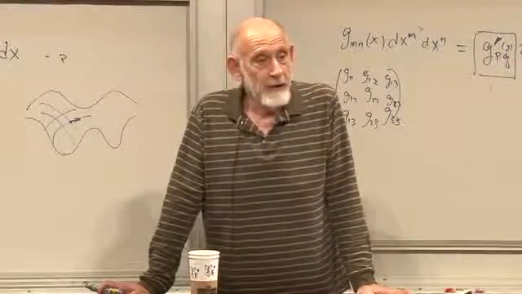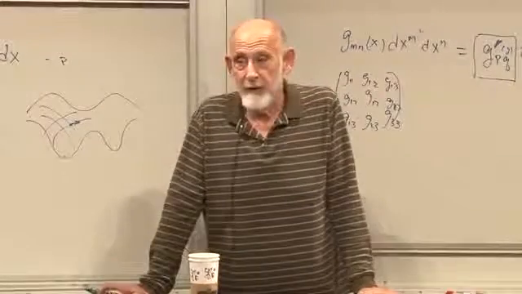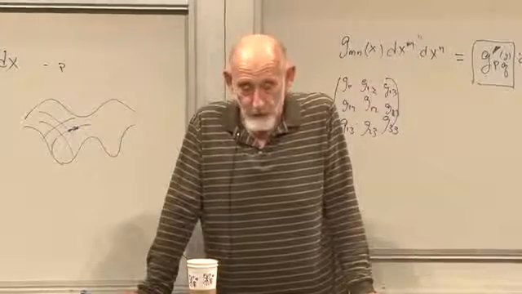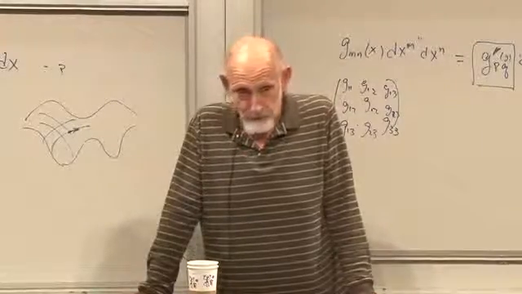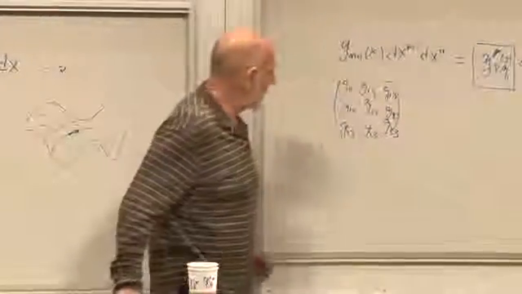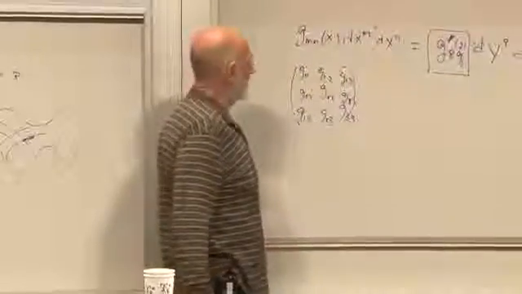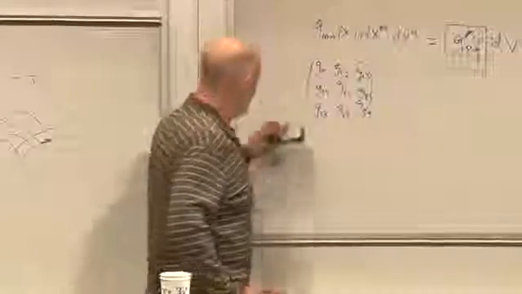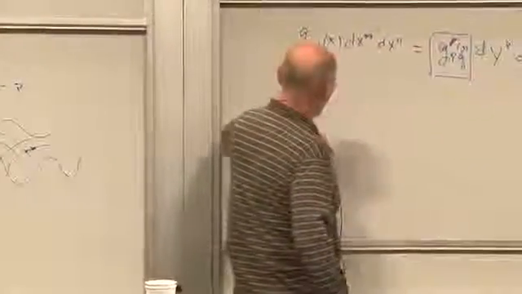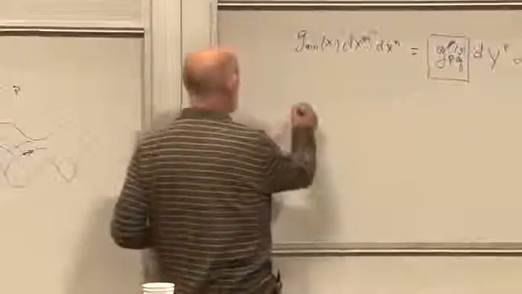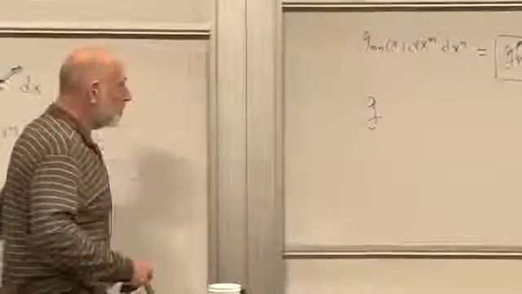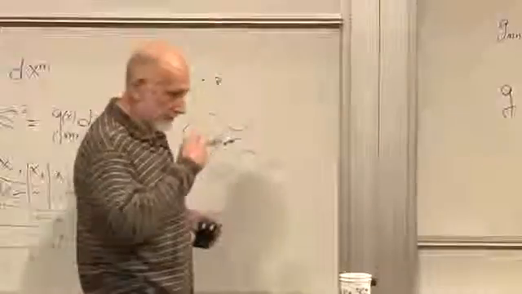That means that there's a matrix which, when you multiply by the metric tensor, by the metric matrix, gives you the unit matrix. I'm going to write the equation down, and then we'll see what it means. The inverse matrix to the metric tensor is also called G, but you put the indices upstairs.